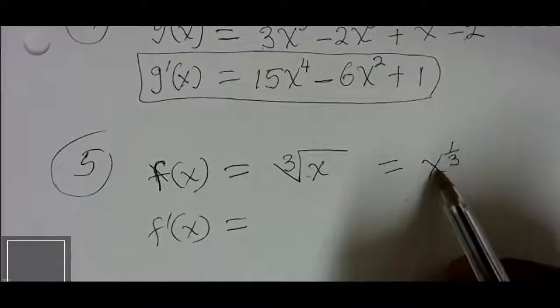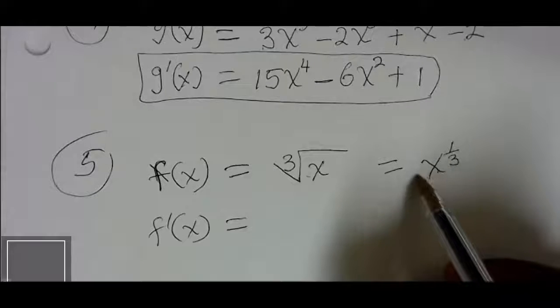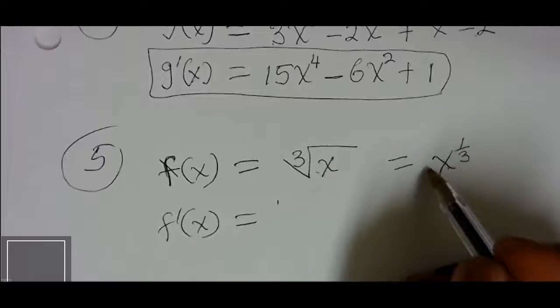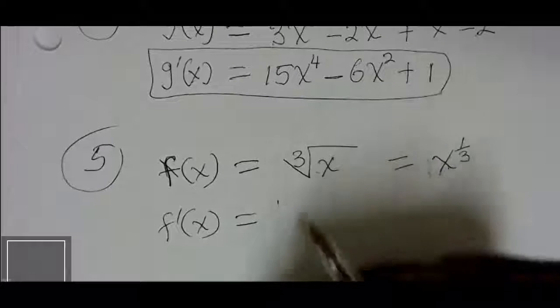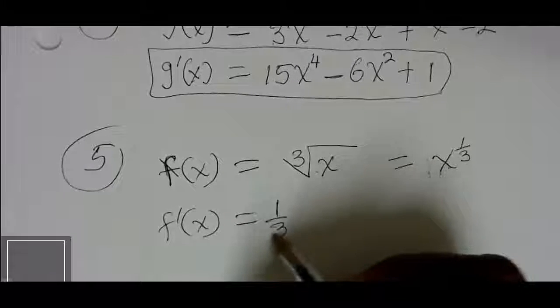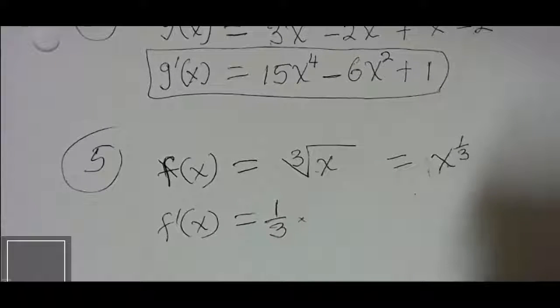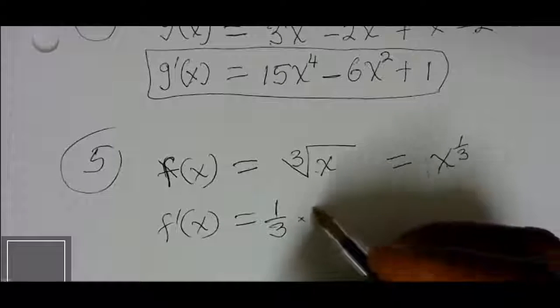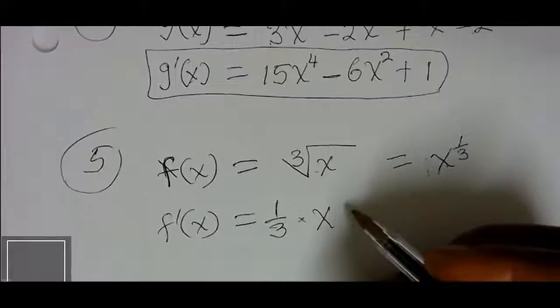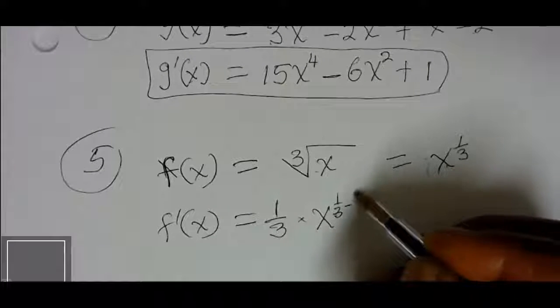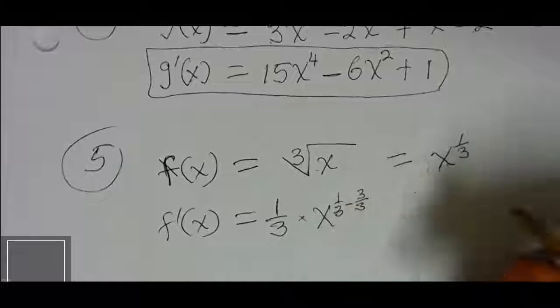So the derivative of it is we bring down the power in front, times 1 because this has a coefficient of 1. So it's going to be 1/3 times x to the power 1/3 minus 1, where 1 is 3/3.